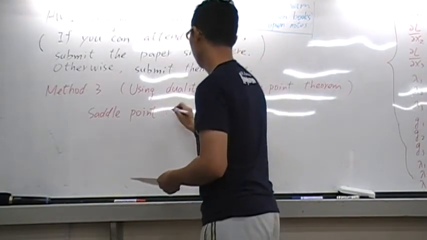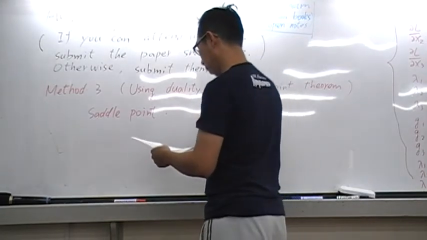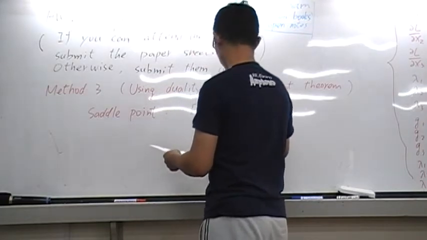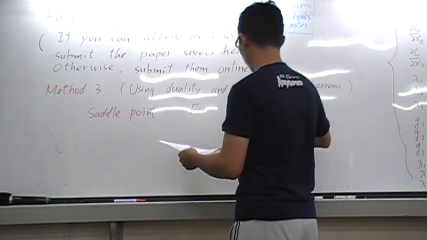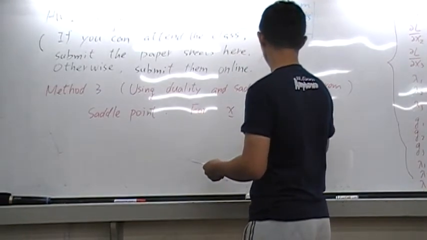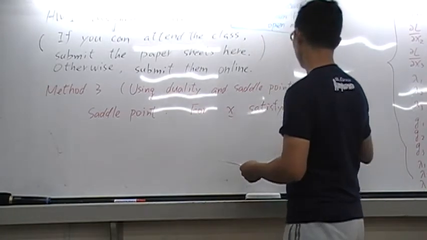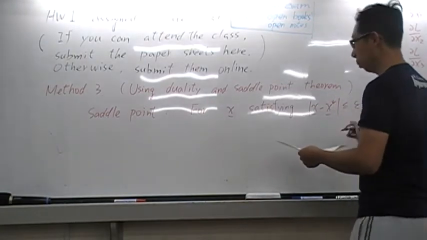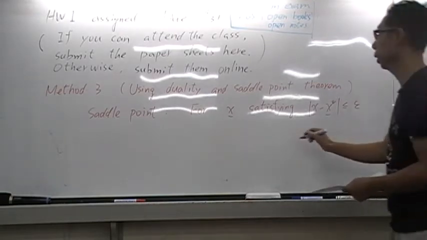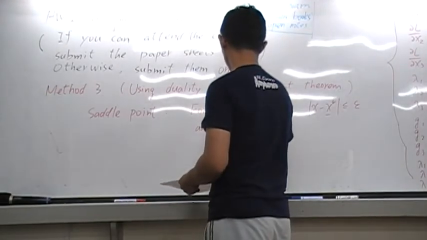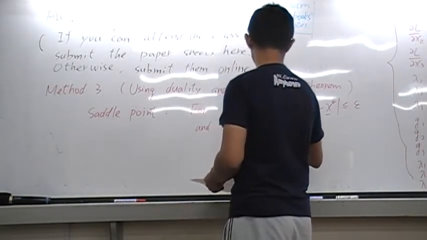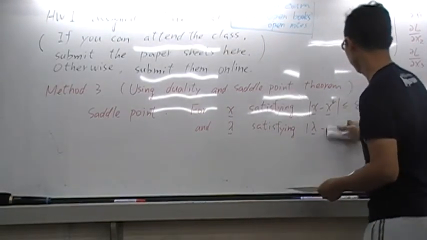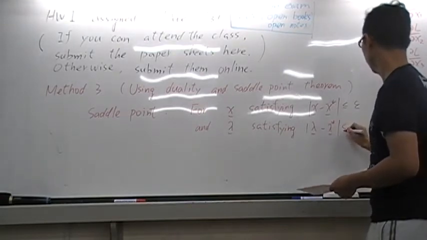The saddle point is basically defined like that. For x satisfying this condition, that is, x minus x star less than epsilon, and of course epsilon is a small positive number, and for lambda satisfying this lambda minus lambda star being less than epsilon.